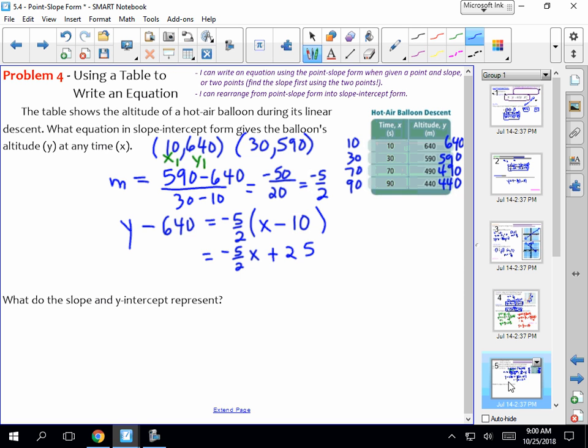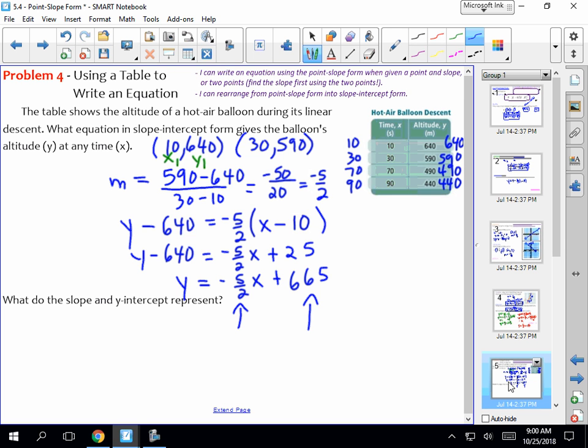We have the y minus 640 here, and then I'm going to add the 640 over to this other side. 640 plus 25 is 665.